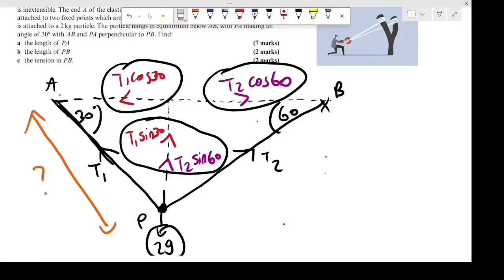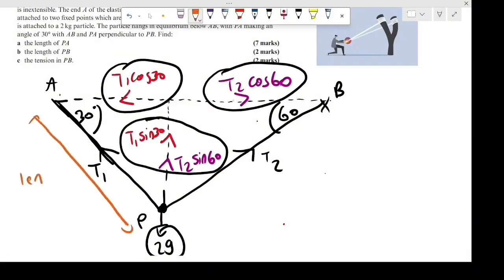So the length from A to P is the length of the string AP, right? So we're going to need to consider the length of the string PA. Again, I'll make a note of that. This is the length of string PA. That's what I want to find.